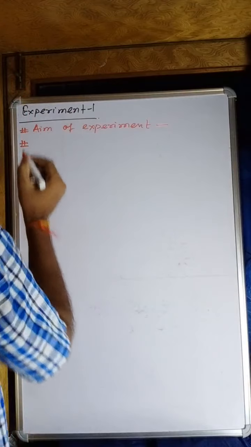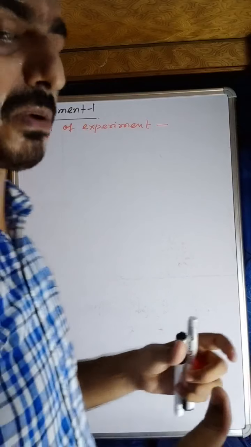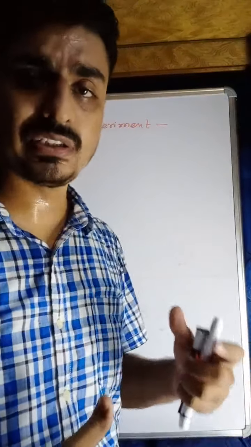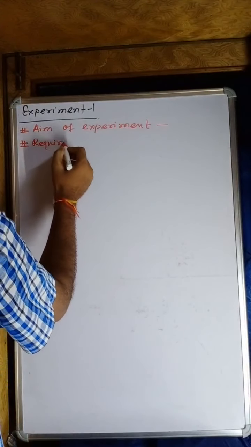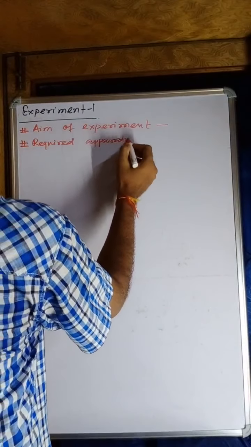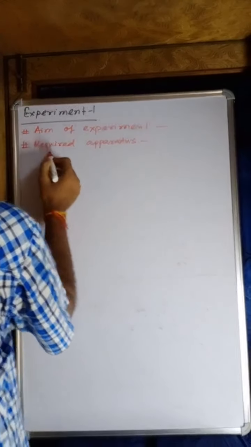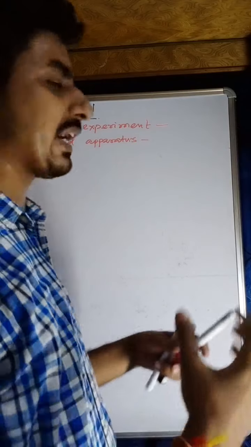The second step you have to maintain will be the required apparatus. To do the experiment you need some apparatus, instrument. So the next step will be the required apparatus. Okay, now the third step, after the apparatus, my dear students, you have to use that apparatus.